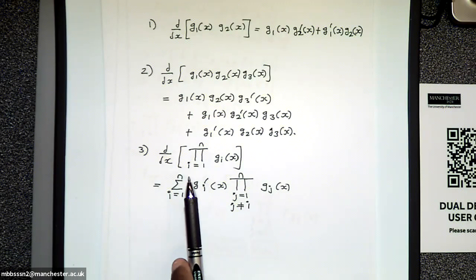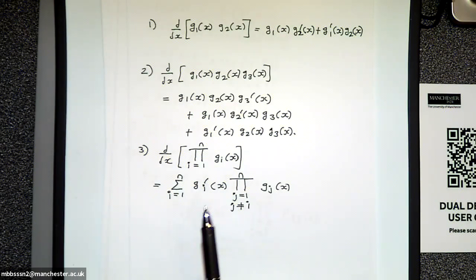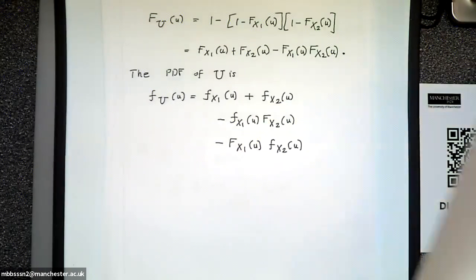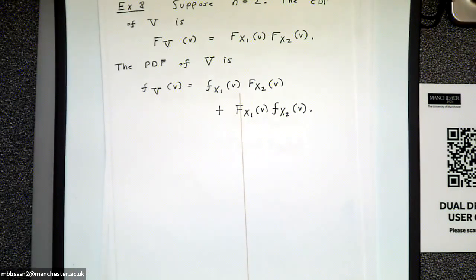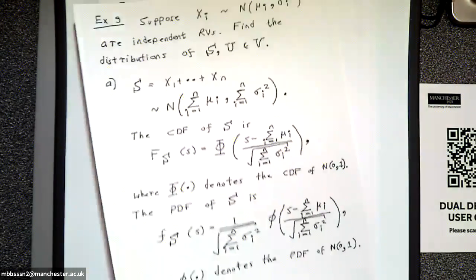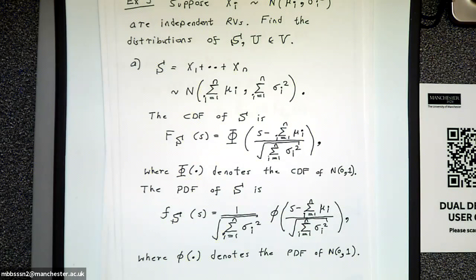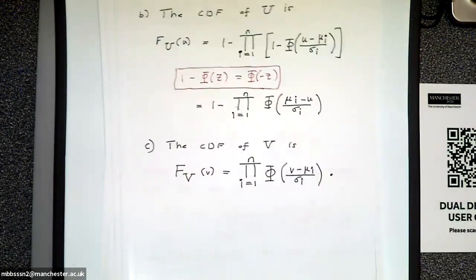And when you have a product of n functions, this is the product rule. I'm sure you know this stuff from your math courses. This is example 7. I hope you followed this. Example 8. Example 9. I hope you followed this. There's more of example 9.